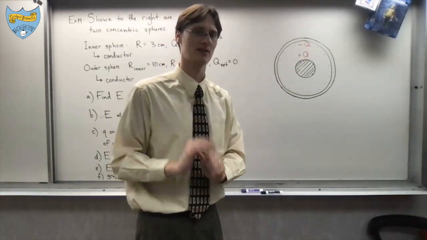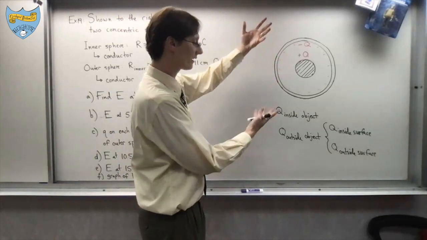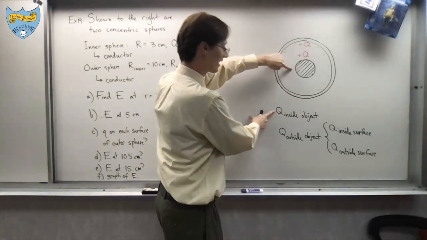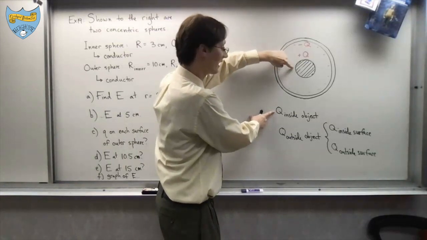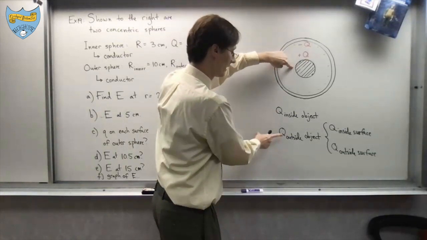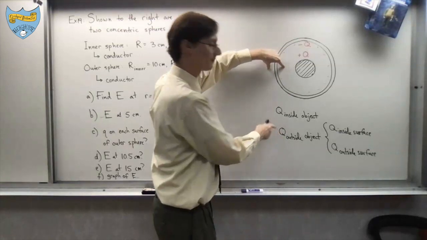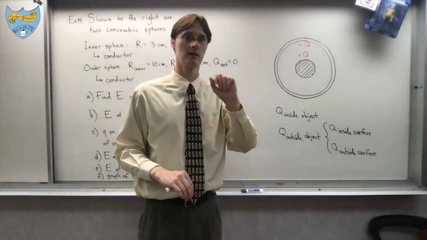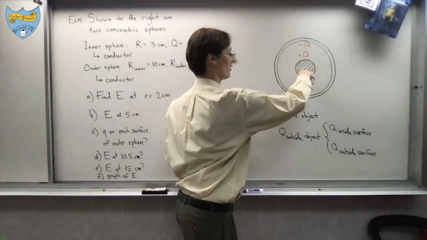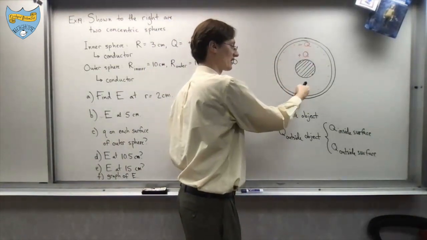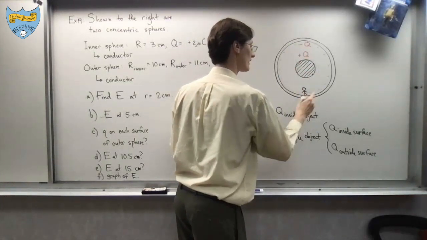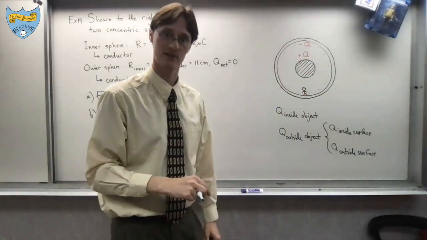Let me write down some labels here. We have really three different things that we're looking at. You have the inside object, the thing that's in the middle. Then you have the outside object. This outside object has an inside surface, so if you imagine you were standing in here, there's a little person standing on the inside surface.